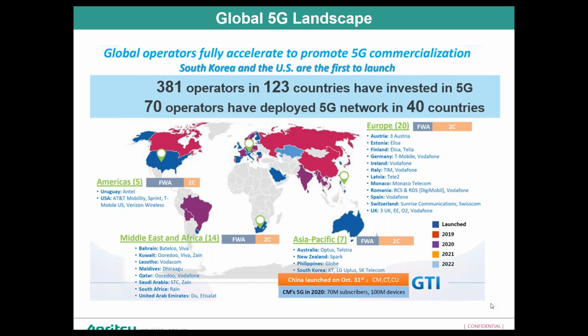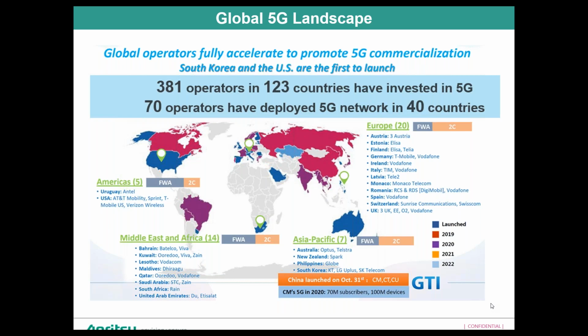You can see here, it's color-coded with respect to what the 5G launches have been, in what year, and what they're forecasting in the future. We have about 70 different commercial networks right now across 40 different countries, right?